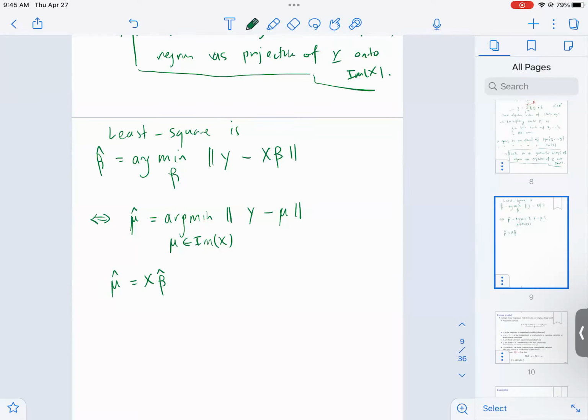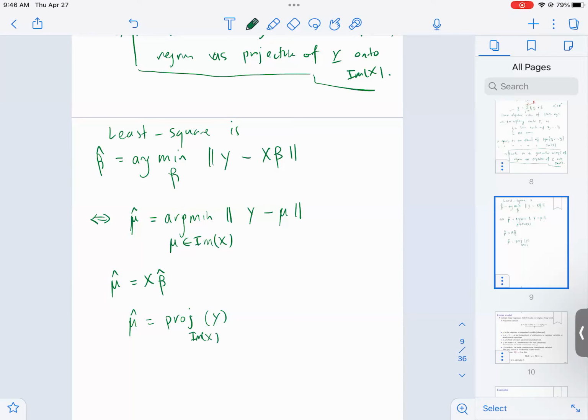So anyone remembers what this mu hat is, like geometrically what it's called? So I want to find something in the image of x which is closest to y. What is the name of that? Yeah, so this would be projection. I might write it as mu hat is the projection of y onto the image of x.